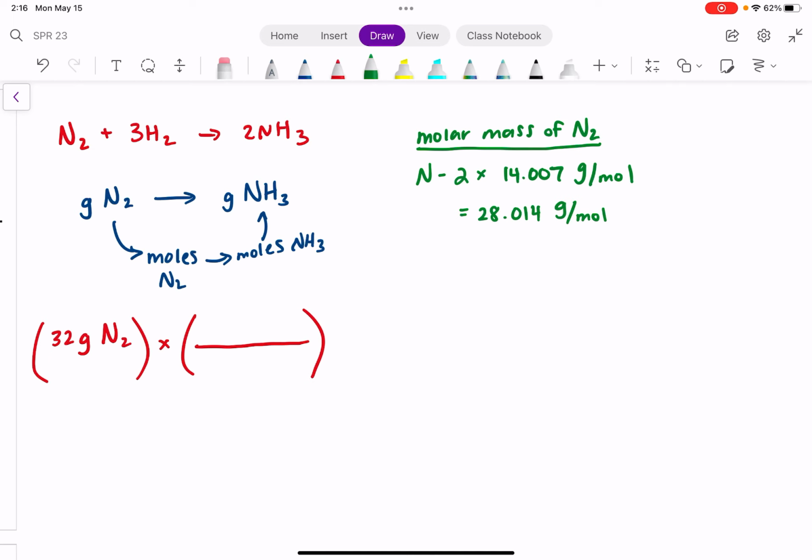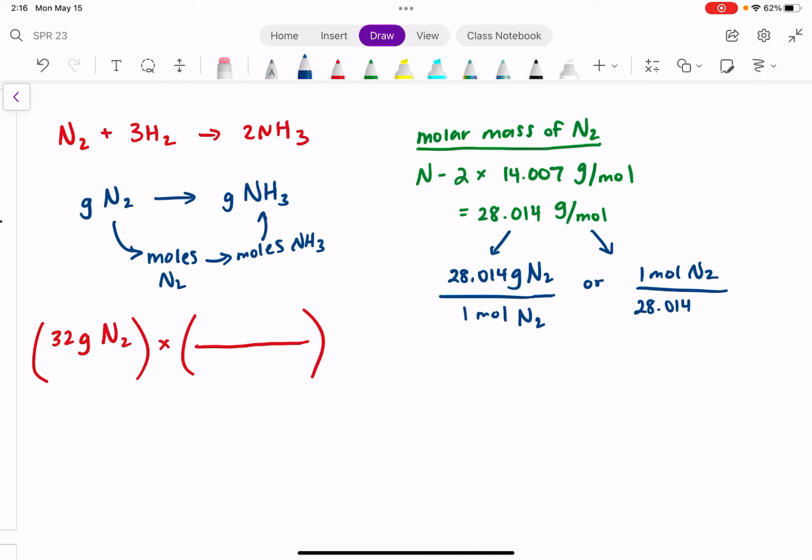So that's our molar mass for nitrogen. And we can write this as a conversion factor, either as 28.014 grams per every 1 mole of N2, or 1 mole N2 on top and 28.014 grams N2 on the bottom.